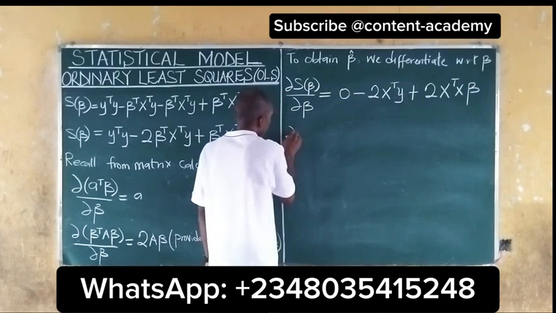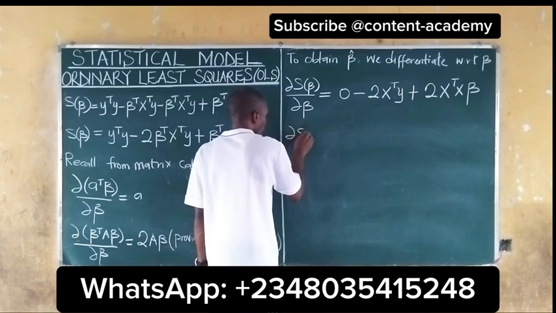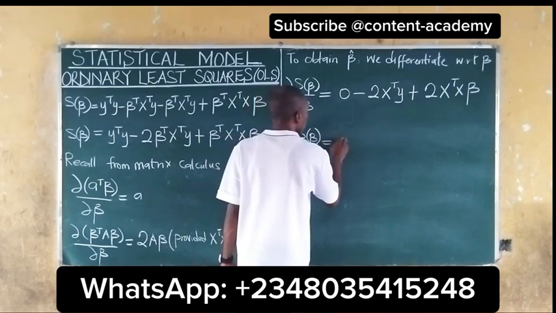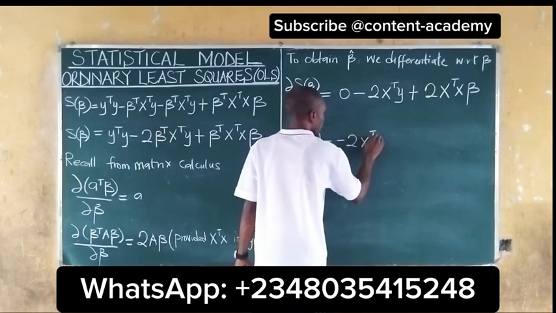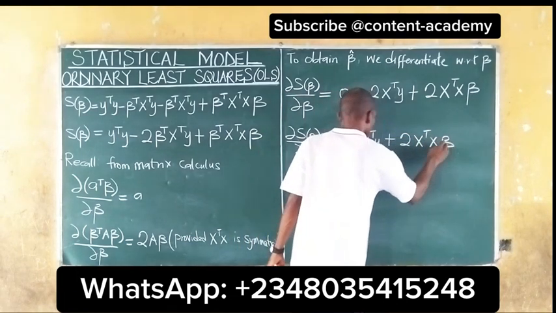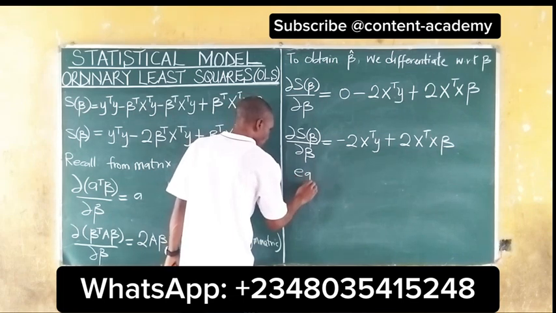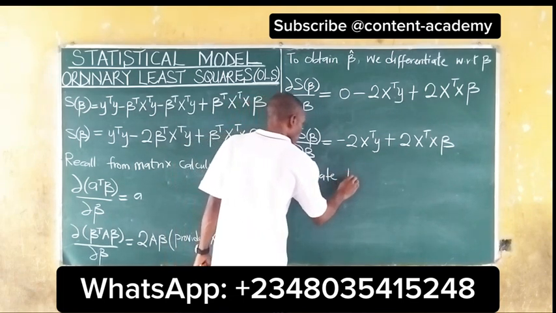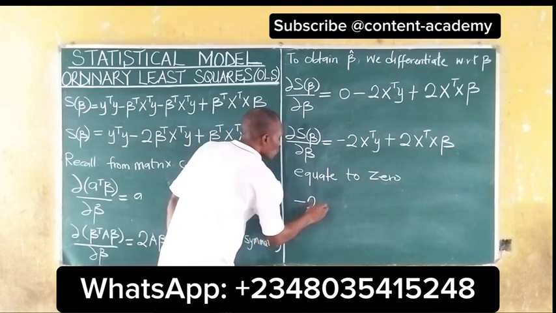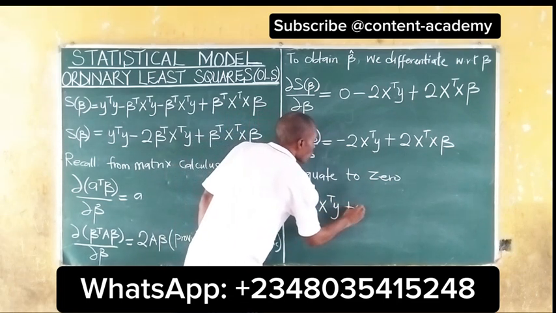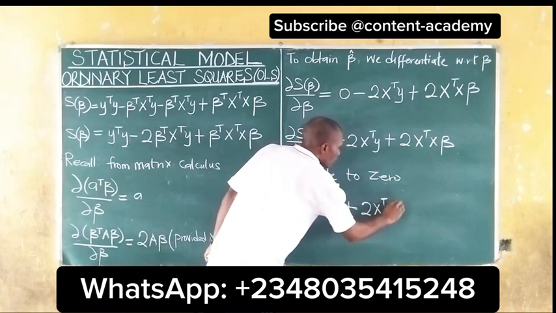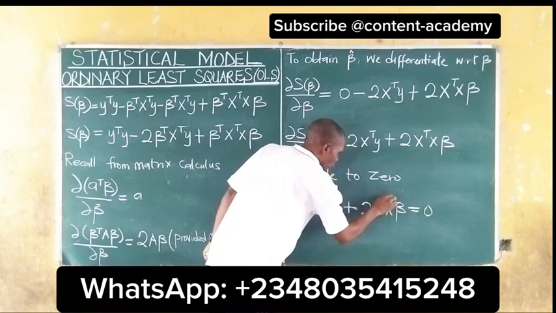Now, it then means that our objective function will be equal to minus 2X transpose y plus 2X transpose X, then b. So we equate to 0. Equating this function to 0, we have negative 2X transpose y plus 2X transpose X b, which is equal to 0.